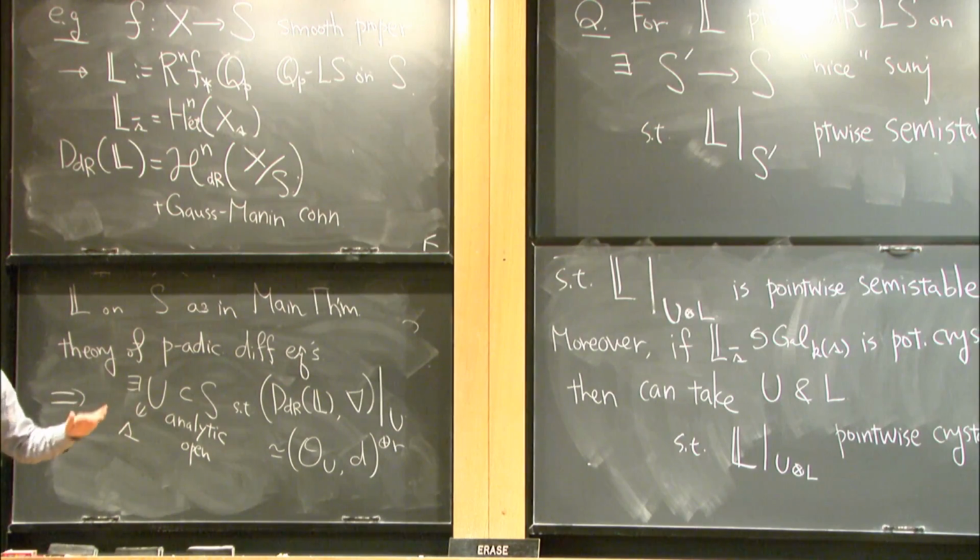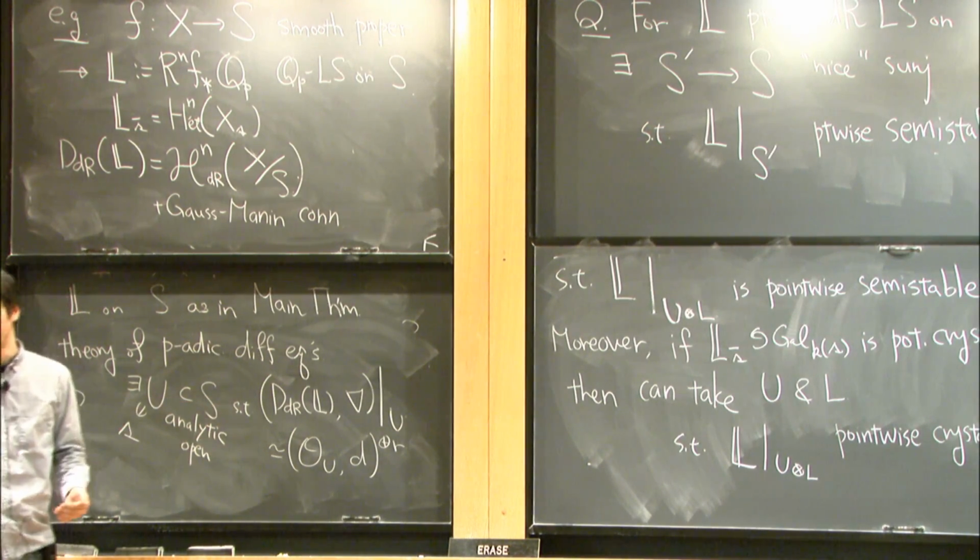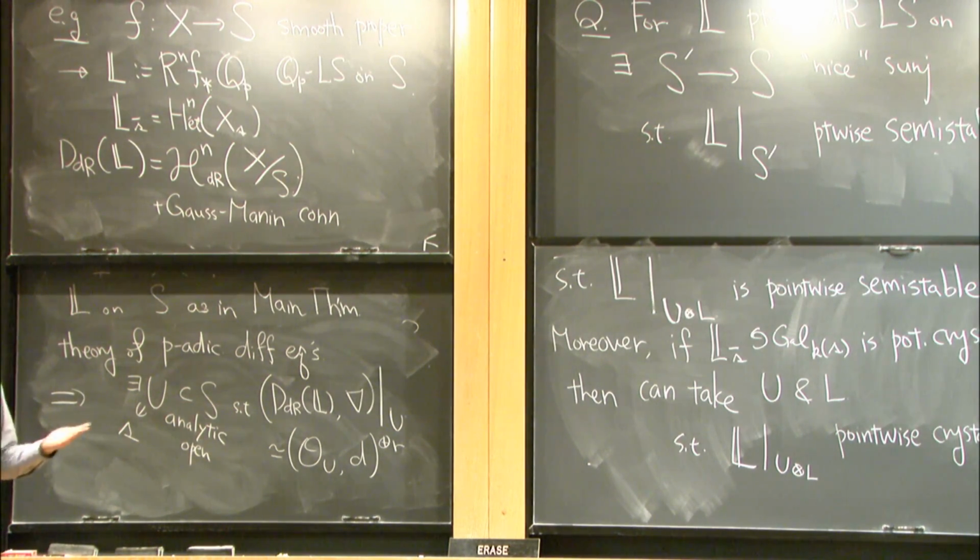Namely, the restriction has a full set of solutions. Heuristically, this means you can construct parallel transport and then compare different fibers.